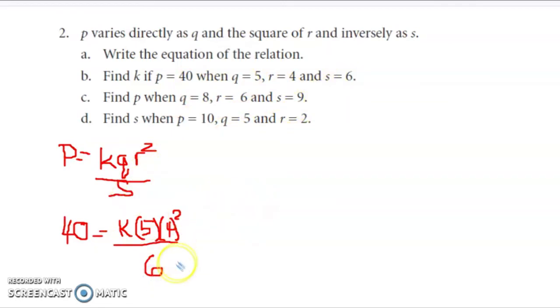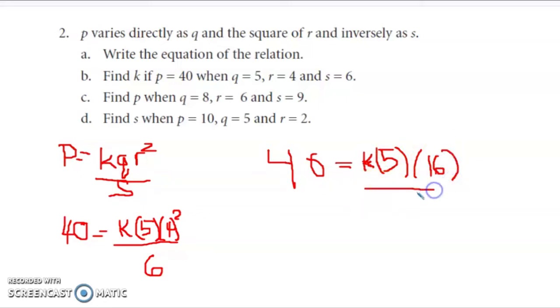Okay, let us simplify. So that is 40 is equal to K times 5. Let me enclose that in a parenthesis. 4 squared is 16, all over 6. So it could be simplified or you could already cross multiply.